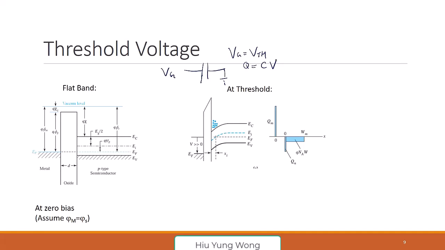First of all, what is C? C here is just Cox, which we have been talking about, epsilon divided by Tox, per unit area. This is the thickness of the oxide: 1 nanometer, 2 nanometer, 3 nanometer. And I made a mistake.